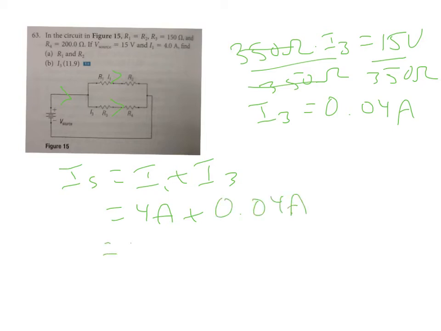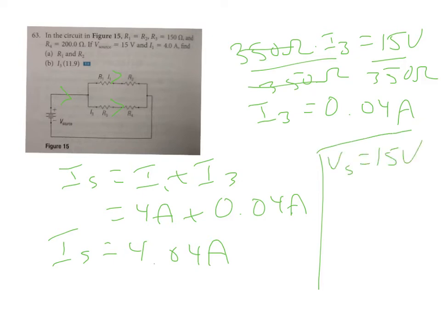Altogether, it gives me a current of 4.04 amps at the source. I also know what the voltage is at the source. The resistance at the source is just Ohm's law, where resistance is equal to voltage divided by current. Doing a calculation here, that gives me 3.71 ohms.